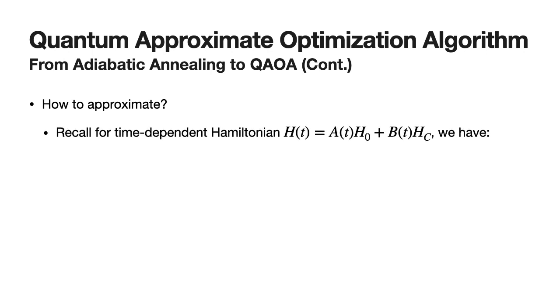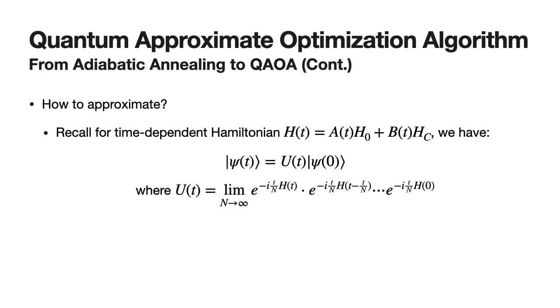To understand this, we need to recall a key result from the time evolution of quantum states. For a time-dependent Hamiltonian, H(t) equals A(t) times H0 plus B(t) times HC, where H0 is the initial reference Hamiltonian and HC is the problem Hamiltonian we want to evolve to. The general solution is this, where U(t) is the unitary time evolution operator given by this product formula limit.